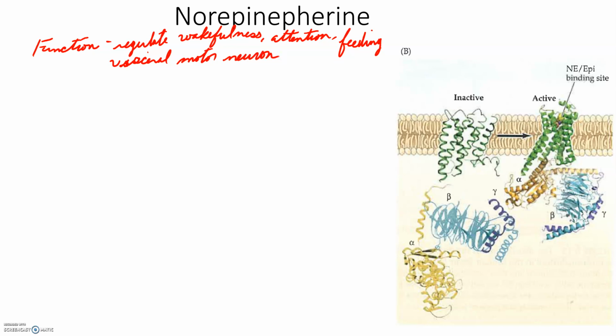So norepinephrine is going to be one of those fight or flight chemicals that's released, one of those fight or flight neurotransmitters released to mediate those types of effects. And we'll talk about those effects when we get to the spinal cord. So the visceral motor neurons use this as part of the sympathetic activity.